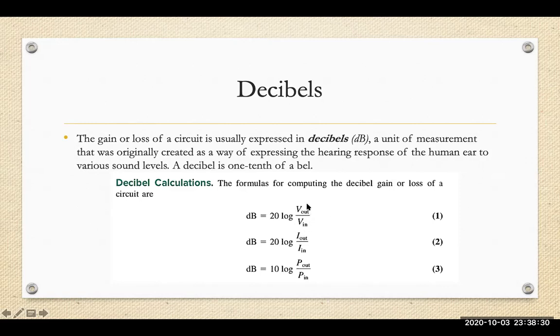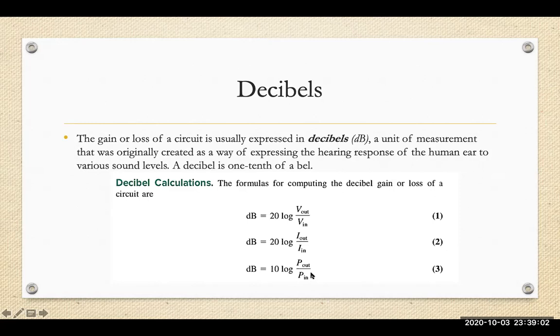So to make this a dB value, take the logarithm of the ratio of the gain times 20. This is the dB gain in terms of voltage. Now for current gain in dB, you need to take the ratio of the output current over the input current and take the logarithm of this ratio times 20, and that is the dB value of the current gain.